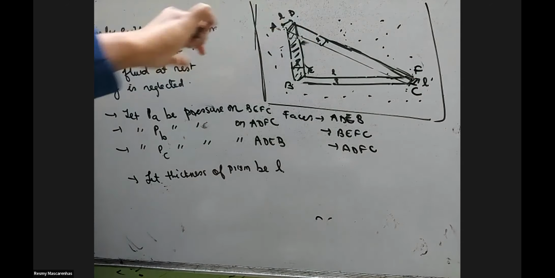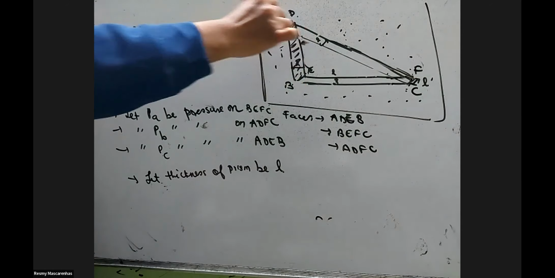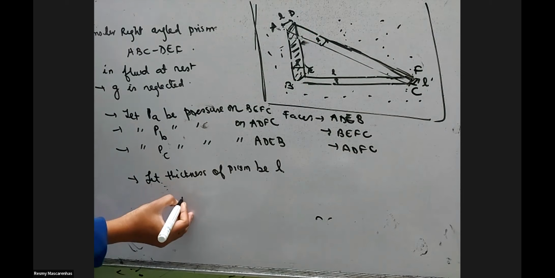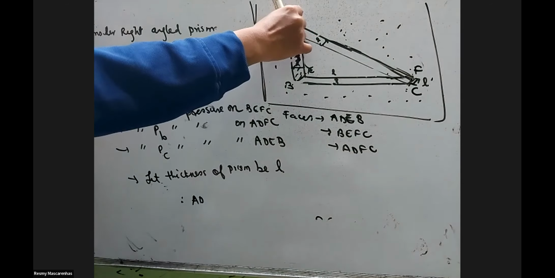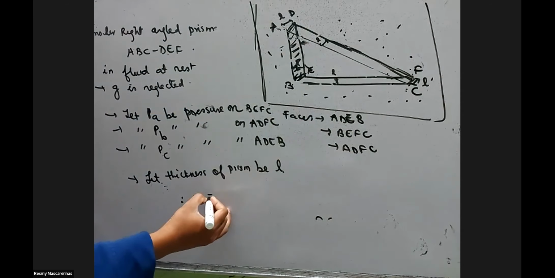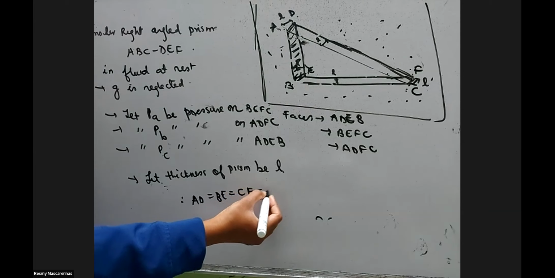This we don't know, the height. Okay, this is L. So therefore AD, this also, B and CF will be L.